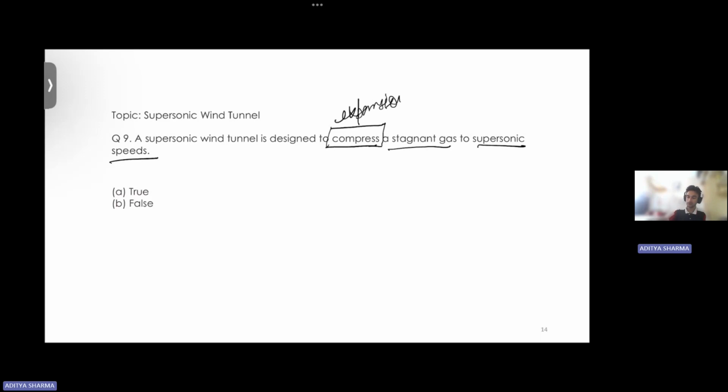The question is right in the sense that the supersonic wind tunnel is used to increase the velocity of a stagnant gas to supersonic speeds, but that process is called expansion and not compression, right?